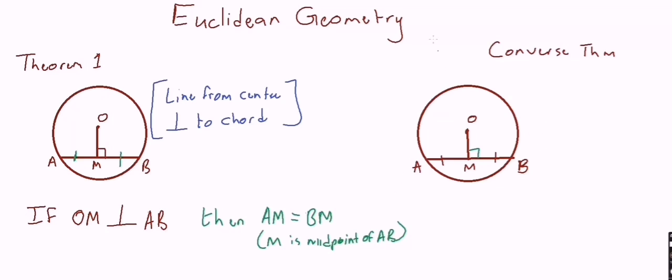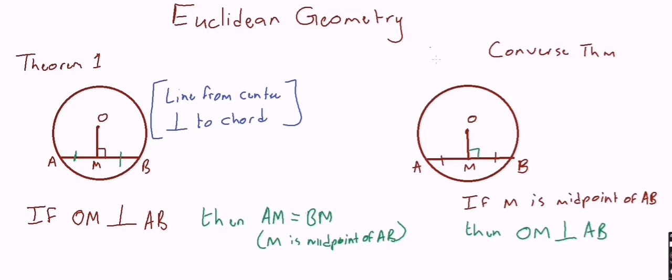So what does this mean? It means what I'm given in this case is if M is midpoint, already given to be midpoint of AB, then OM will be perpendicular to AB.